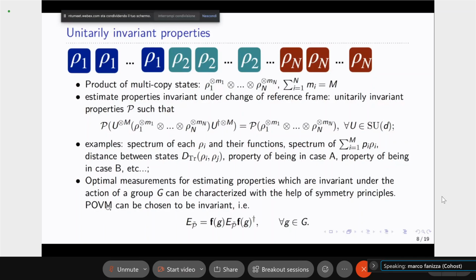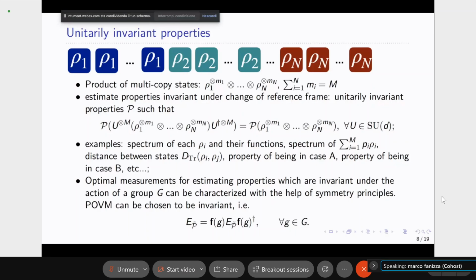And for reasonable figures of merit, the optimal POVM can often be chosen to be invariant. That is, it is invariant under the action of the representation. And this means that the elements of the POVM have to obey selection rules, and therefore they are easier to characterize.